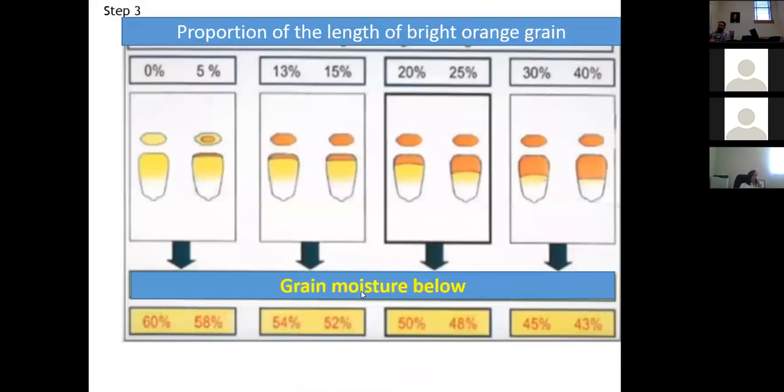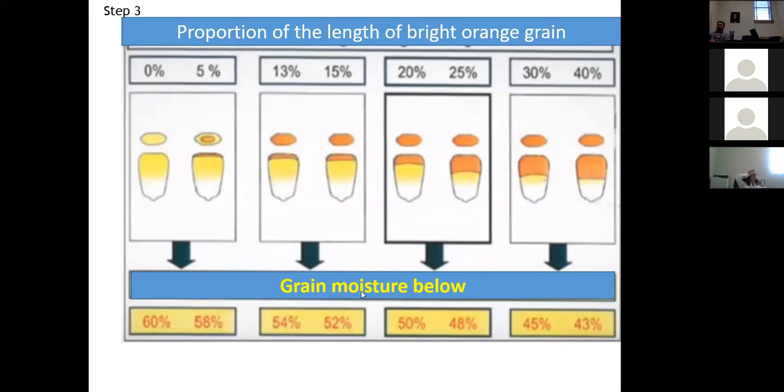This table presents the proportion of the length of bright orange grain and its relation to the grain moisture. For example, if the proportion of the length of bright orange grain is between 0 to 5%, the grain moisture is 60 to 58%.